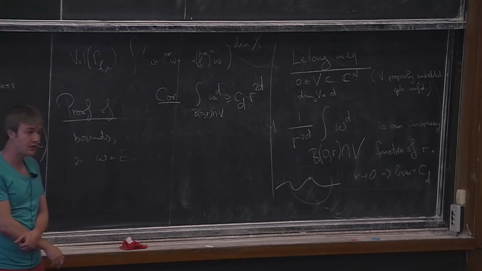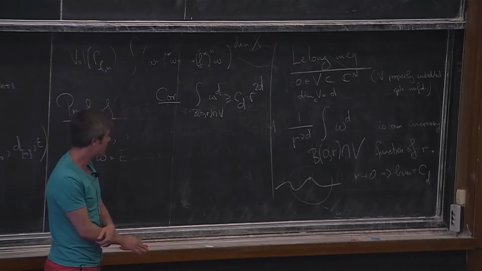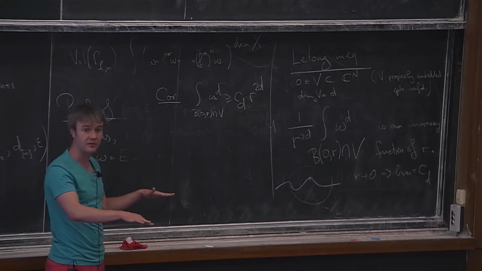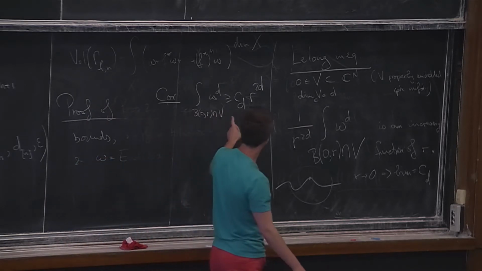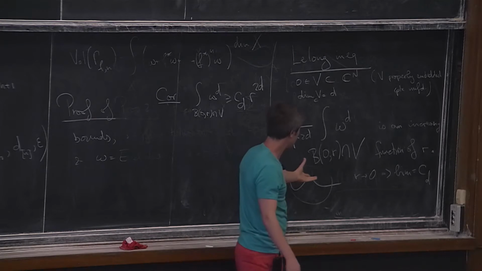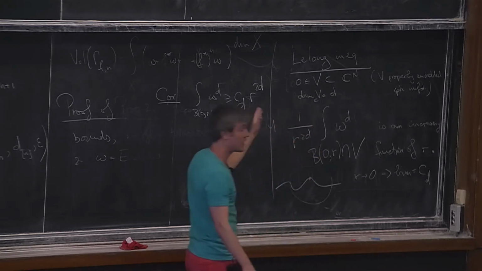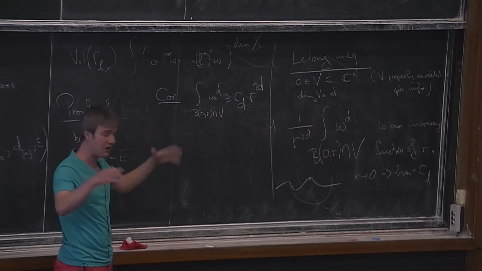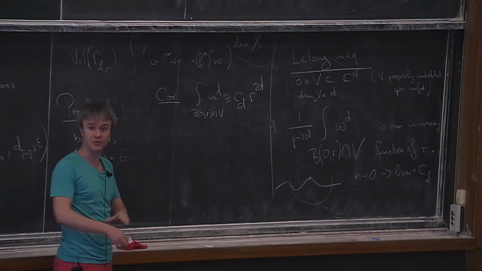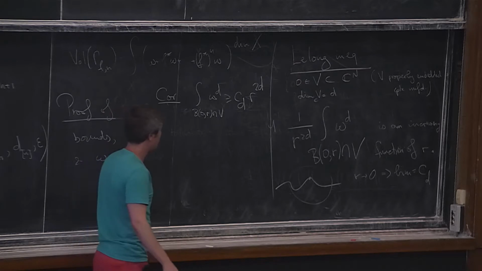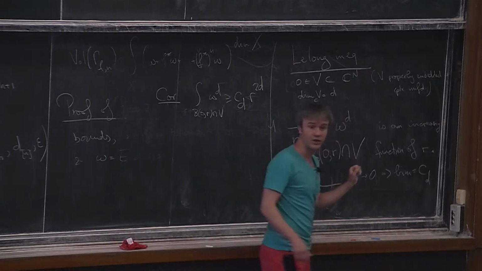Okay? Because the function is monotonic. And equality is achieved if V is flat. So the other remark I want to make about this inequality is that it's interesting both when R is small, but it's also interesting when R is huge. So if you have some manifold which is quite wild at infinity, it still tells you something about the behavior at infinity. OK. Are there any questions?